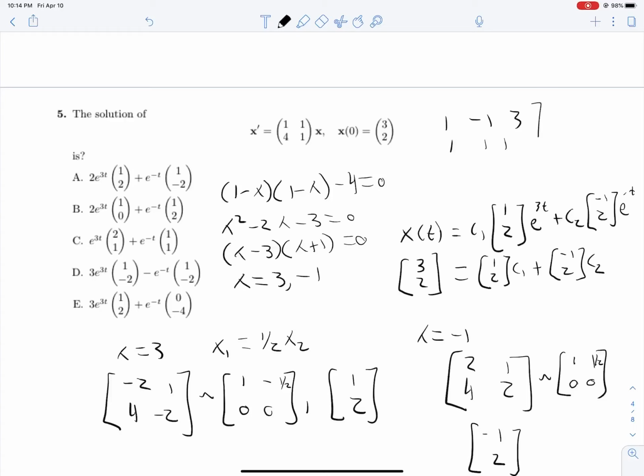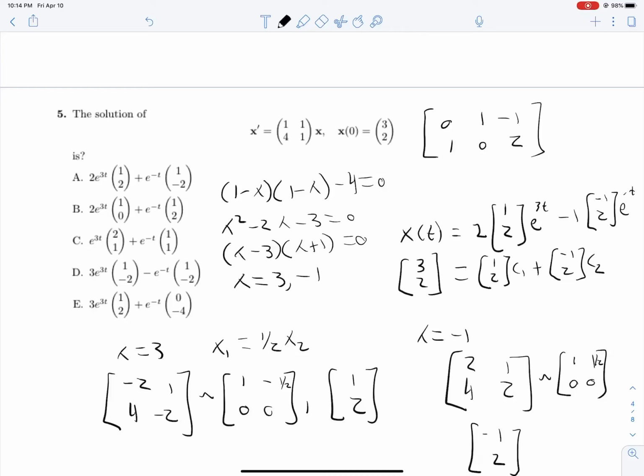Simplify this row down to 1, 1, 1. Subtract row 2 from row 1, 0, -2, 2, 1, -1. Subtract row 1 from row 2, 0, 2. And so we see that C1, we go back to our x of t, C1 is equal to 2, and C2 is equal to -1.